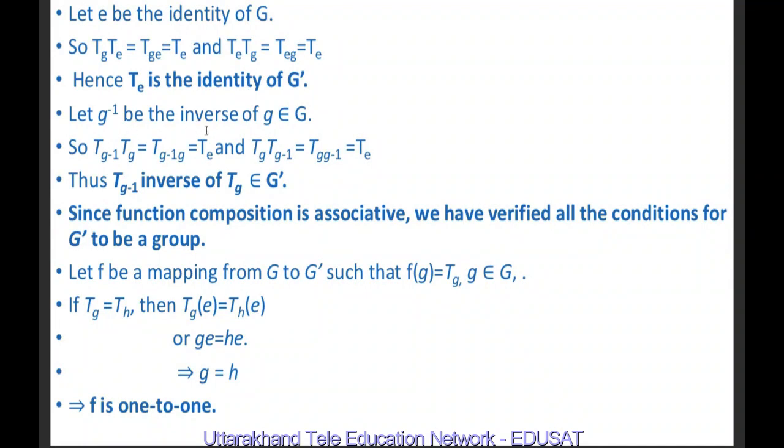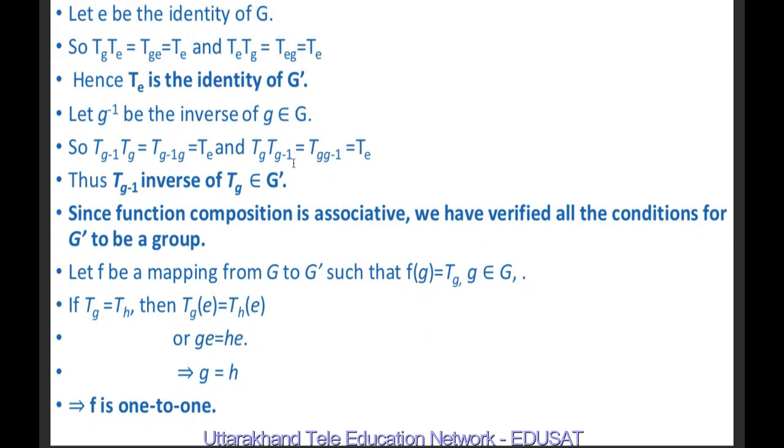Now let g inverse be the inverse of g belonging to G. G is given to be a group. So Tg inverse into Tg is equal to T of g inverse g. Again we have applied the closure axiom, and this is T of e, because g is an element of the group and the inverse of each element exists in a group.